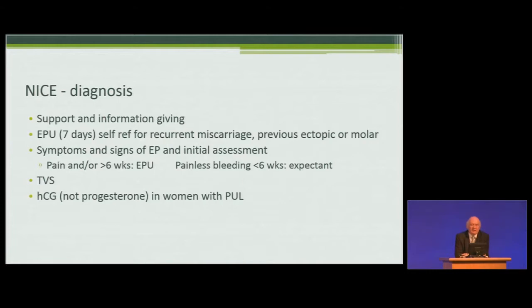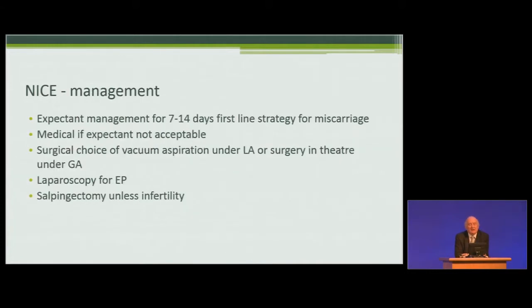Now, with the management, NICE recommended expectant management, so that the first-line strategy is to wait for a natural miscarriage. Only if a woman is not happy with that will she be offered medical therapy. And surgical is the choice, obviously, if somebody is bleeding heavily or whatever and needs it.